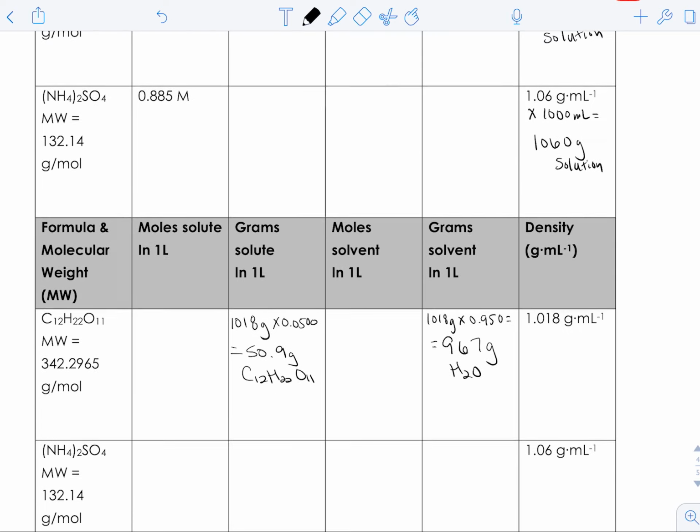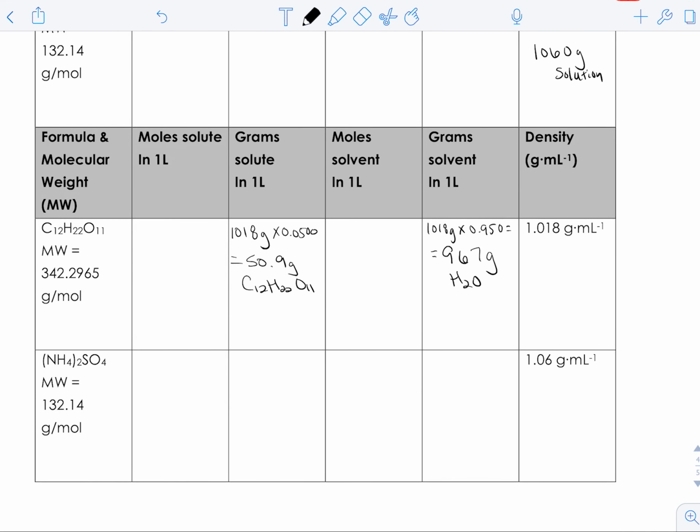Now that I've got my grams of each of my substances, I can go into moles of each of my substances. So I'll take 50.9 grams of my C12H22O11, use my molar mass of 342.2965 to get into moles. 0.148 moles of C12H22O11.